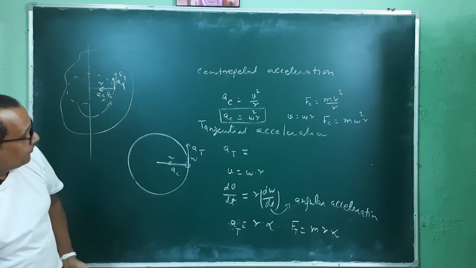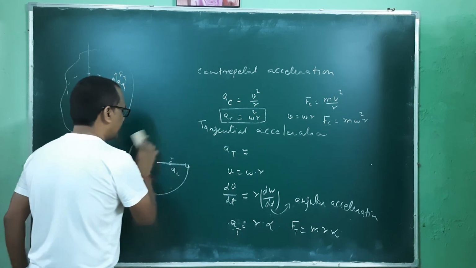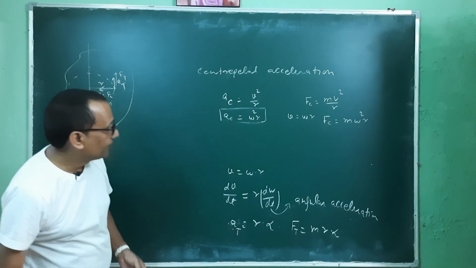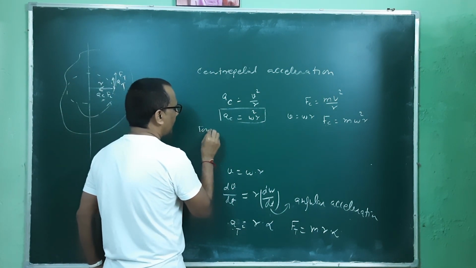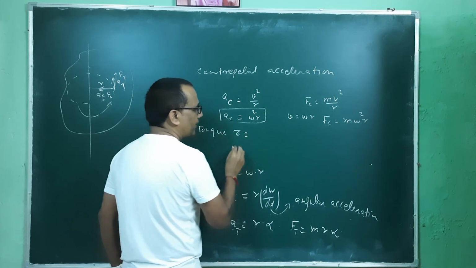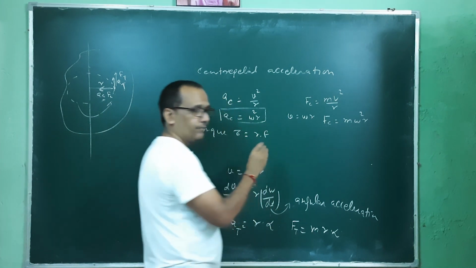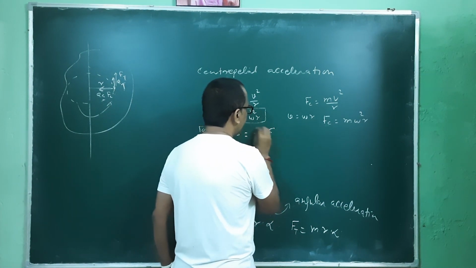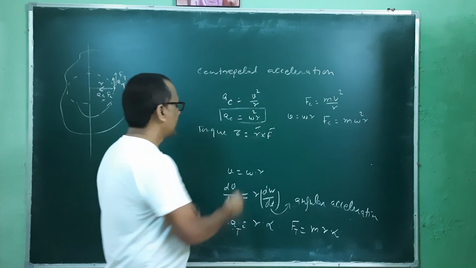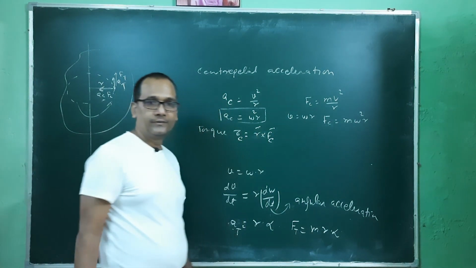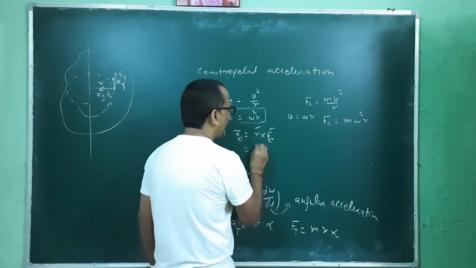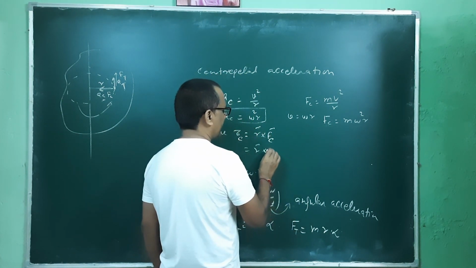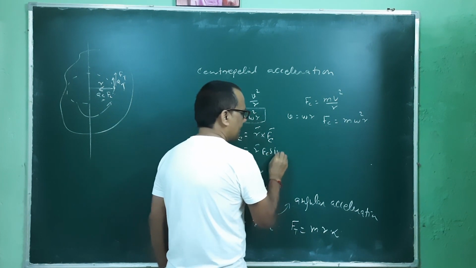So when we try to calculate this torque, here torque tau is equivalent to R cross F. Let's say R cross F. So this is tau C, with FC, and this is equivalent to R cross FC, which is R FC sin theta.